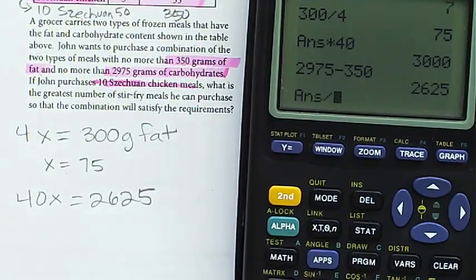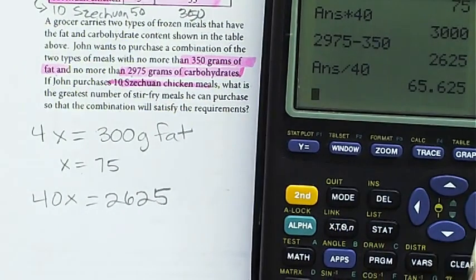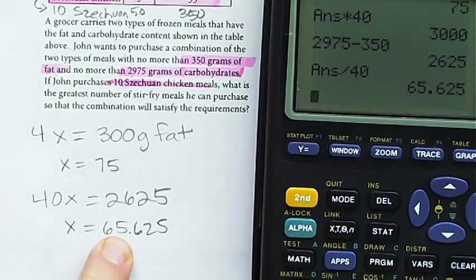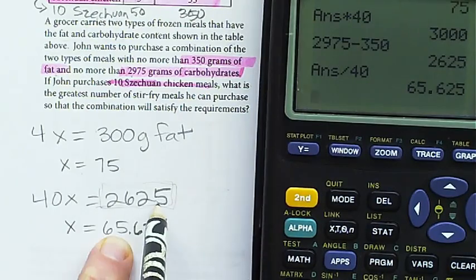So I'm going to do divided by 40, and that's 65.625. So if he got 65 stir-fry meals, he would not go above his carb limit.